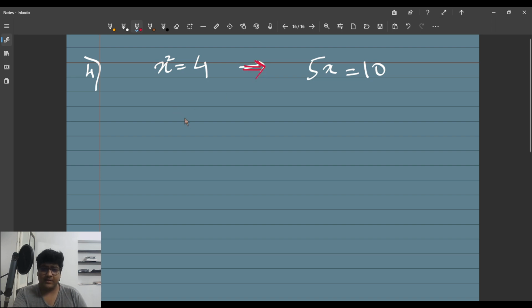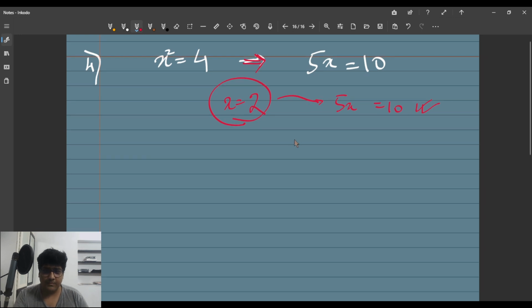I can say that x square equal to 4 means x is equal to 2, which would imply that 5x, that is 5 into 2, is equal to 10. This holds true. But notice that I have given you one example of such a root for which 5x is equal to 10.